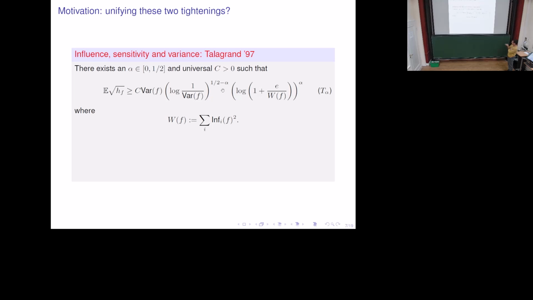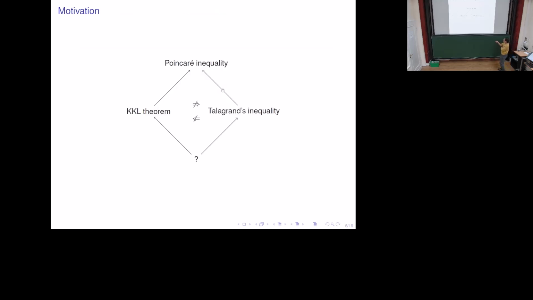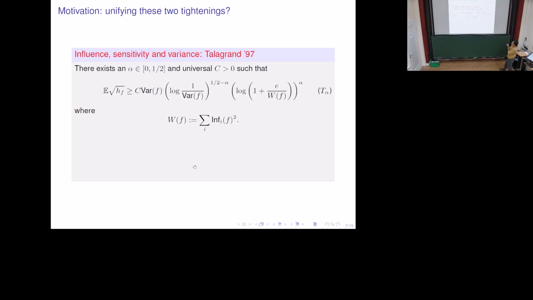And he actually has a very explicit guess for these inequalities, and he has a motivation. Let me first review what he has done in 1997. He observed that he can prove the following. We discussed three notions: the variance, the influence, and the sensitivity, and he could relate these three quantities in the following inequality. There exists some alpha between 0 and 1/2, together with a universal constant c, such that the following inequality holds.